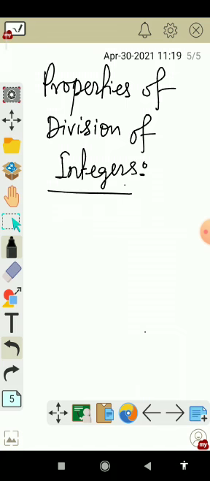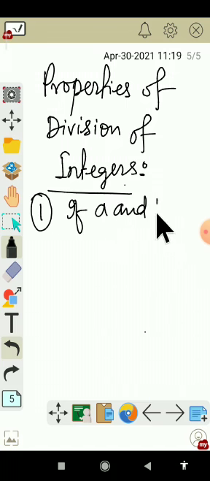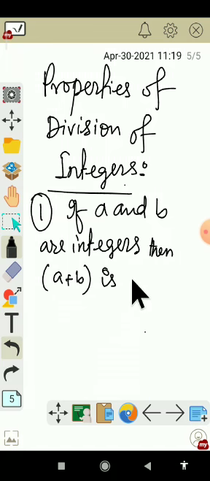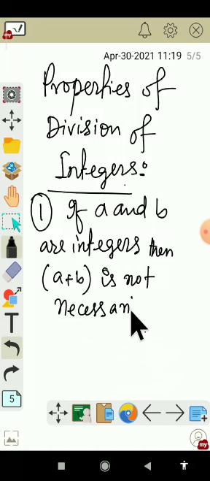The first property is, if a and b are integers, then a plus b is not necessarily an integer.